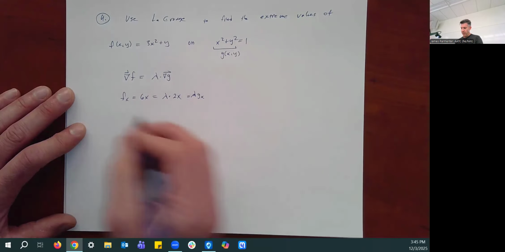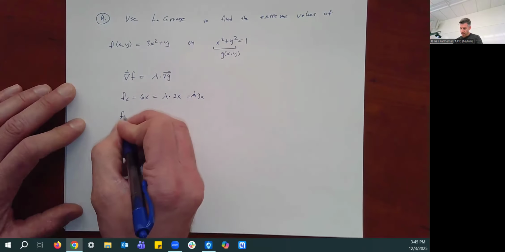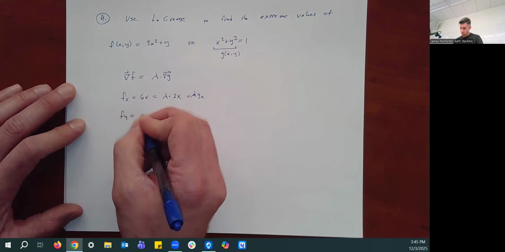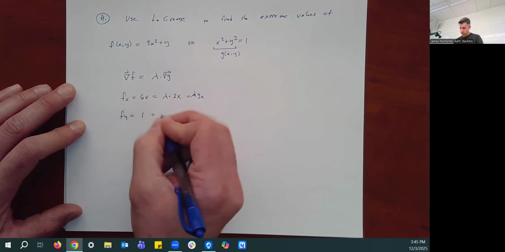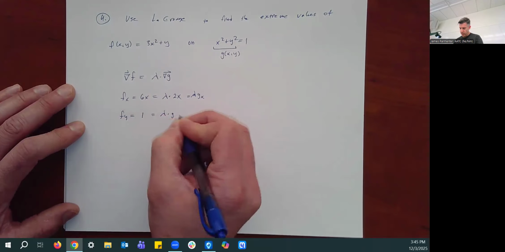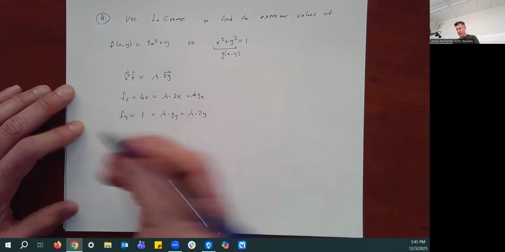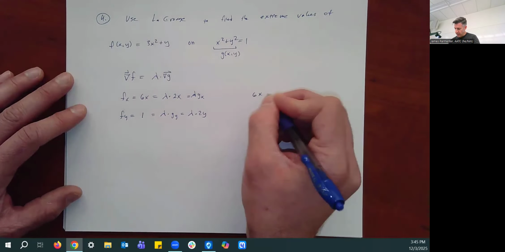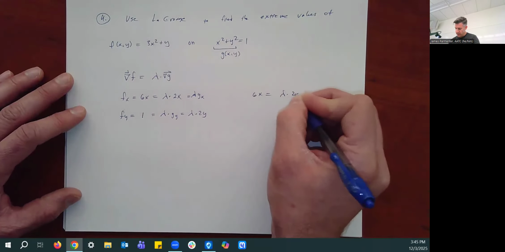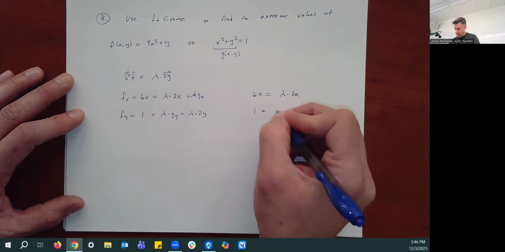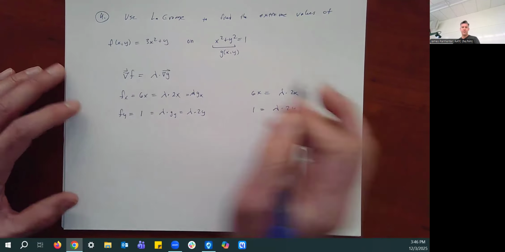And then fy is equal to 1, and that's going to equal lambda times gy, which is lambda times 2y. So my equations are 6x equal to lambda times 2x and 1 equal to lambda times 2y.